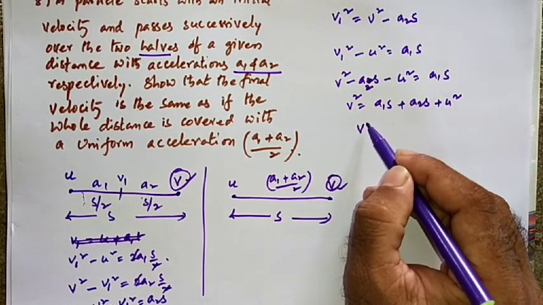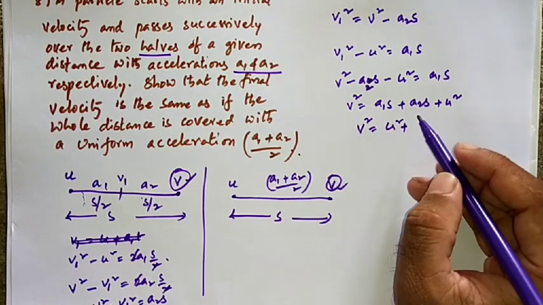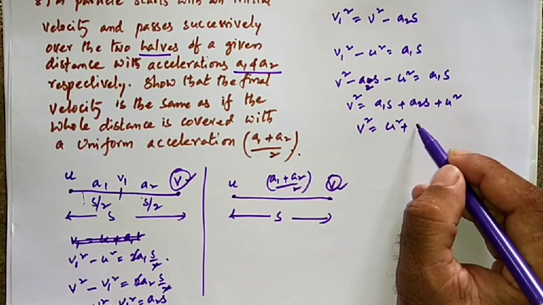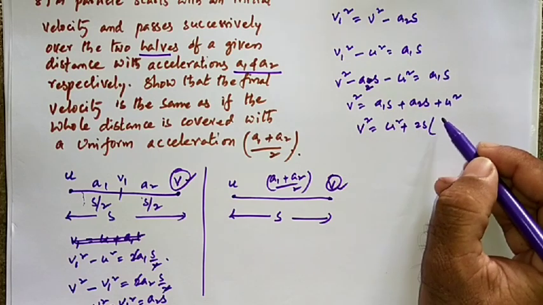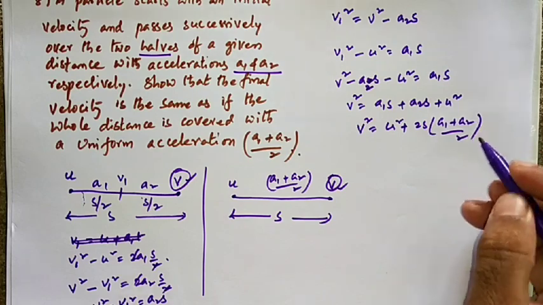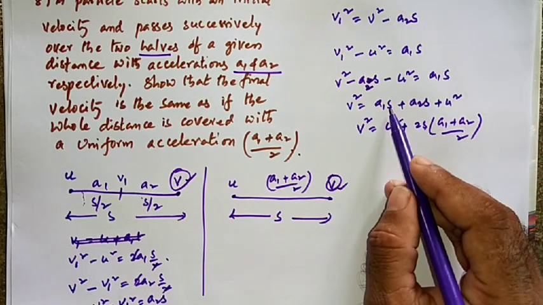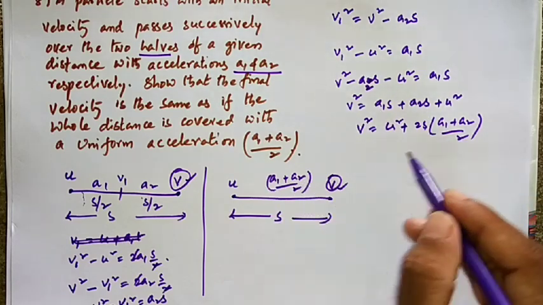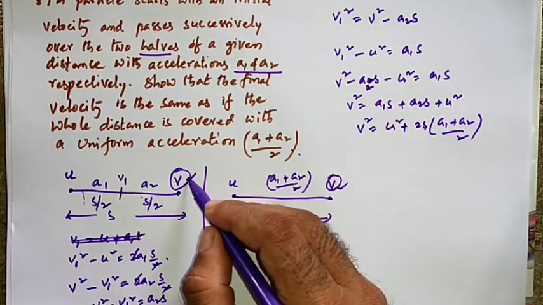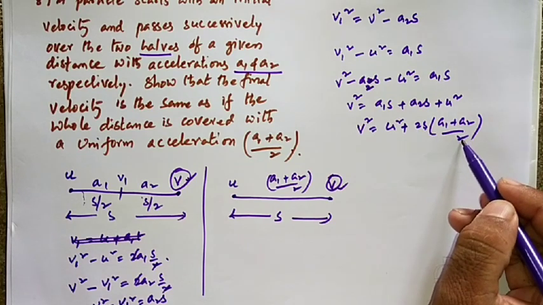That is v square is equal to u square plus, I can write this as, if I take 2s as common, a1 plus a2 by 2. Can I write or not? As 2 gets cancelled, sa1 plus sa2. That is only na? Yes. This is the v square value, final velocity. How much? u square plus 2s into a1 plus a2 by 2.